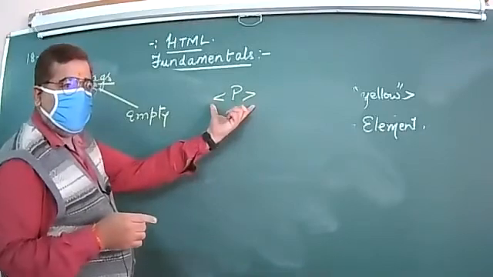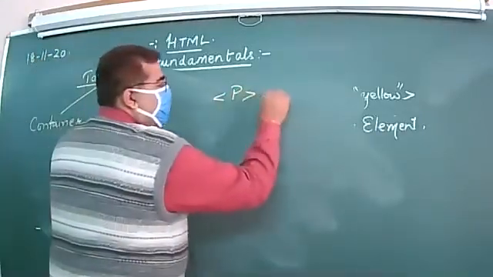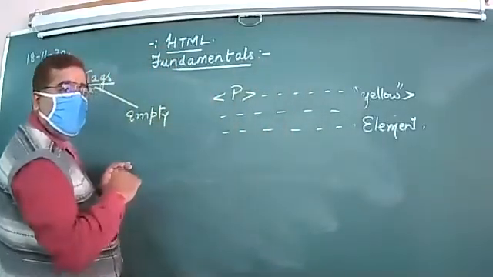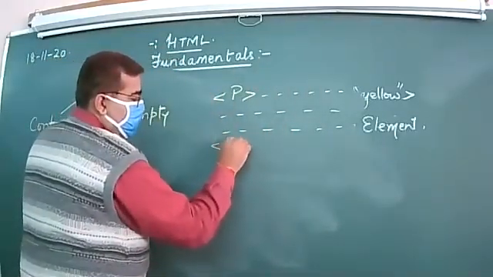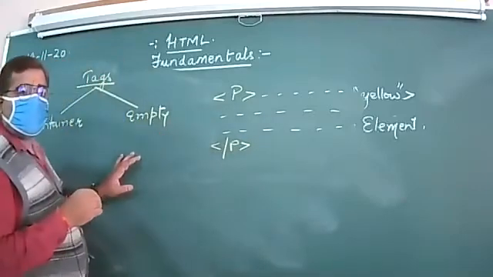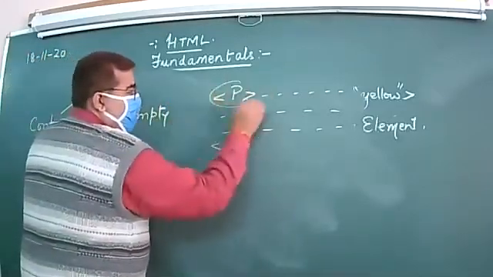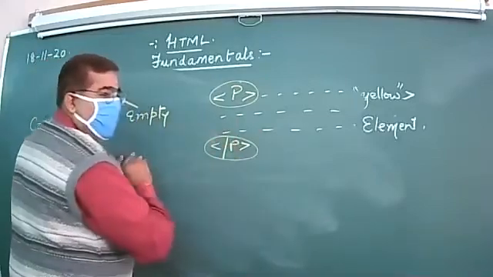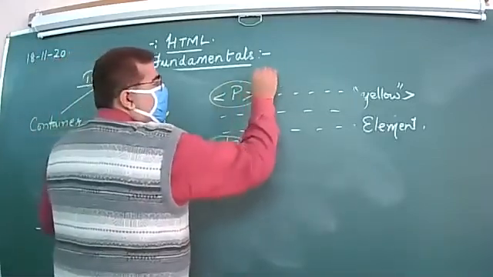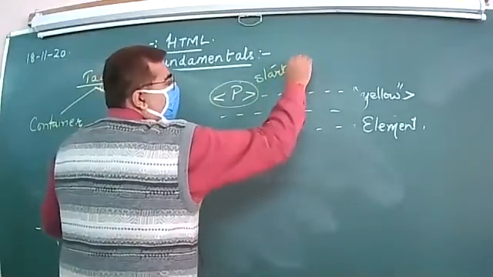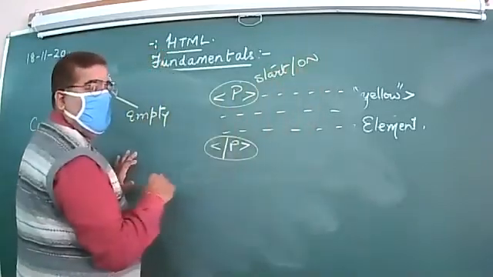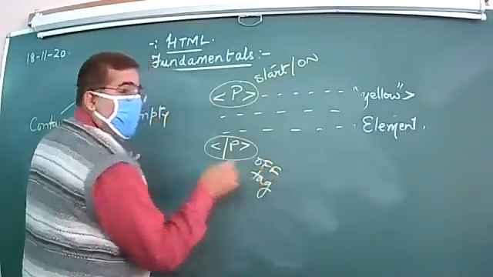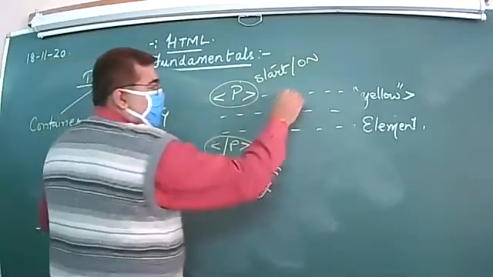This is a tag. I write some lines over here. I close this tag. This is a tag, the opening tag. This is the closing tag, what you call start tag or on tag. And what you say is off tag. And this is the content.